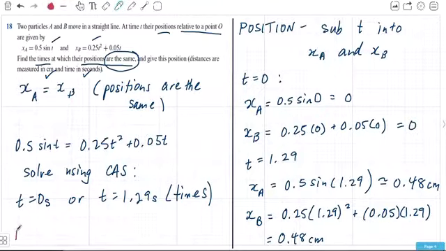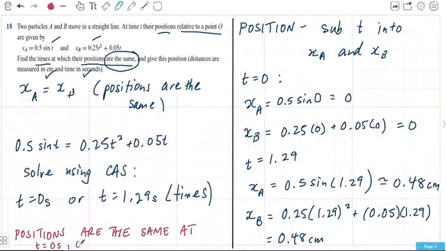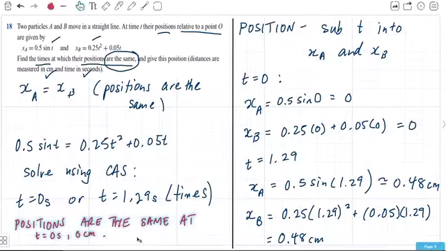So positions are the same at, and we've got the 2, so we've got t equals 0 seconds, and it is 0 centimetres, and also t equals 1.29 seconds and 0.48 centimetres.